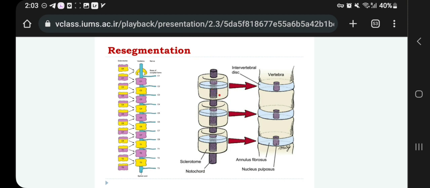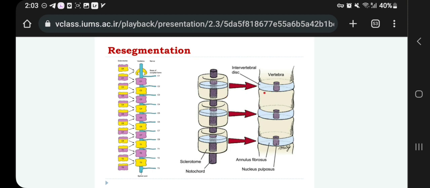It means when the cells here start the proliferation, they fuse to the cephalic part of the next segment. This part joins together and fuses together and makes a new segment.